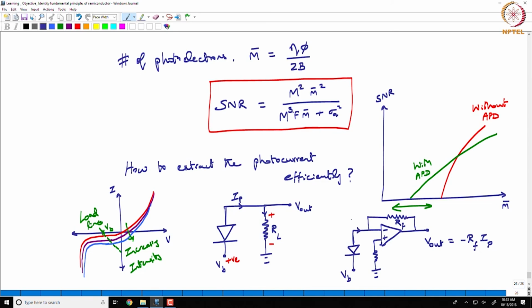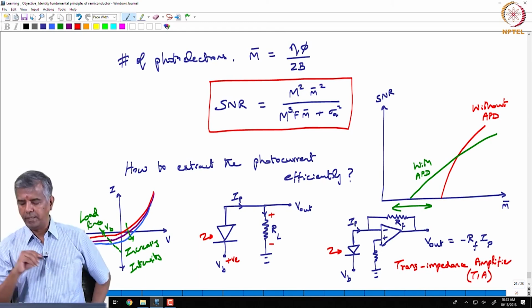It is converting a photocurrent generated due to light falling on the detector to an output voltage. So, that is why it is called a transimpedance amplifier. In short, it is called TIA.